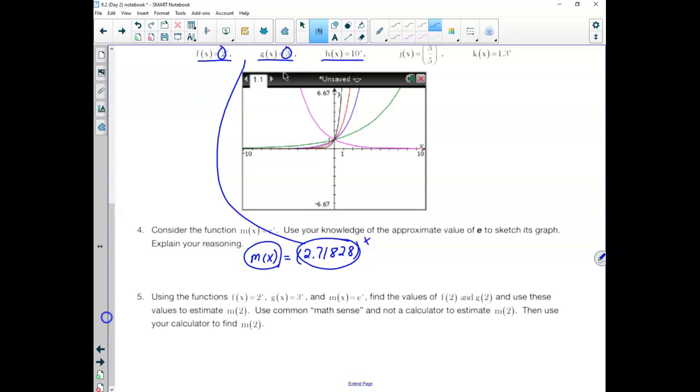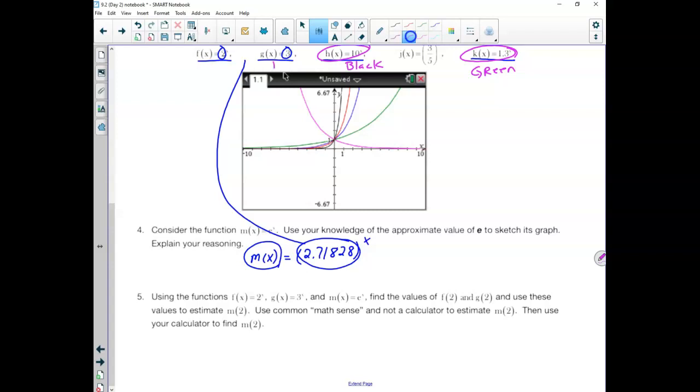So which one is my e in there? Well, I have more than one actually, because this is a growth too. But that means my e to the x is going to end up being, so here's my steepest, that's black. Here's my flattest, so that's green. Okay, so I have red and blue.